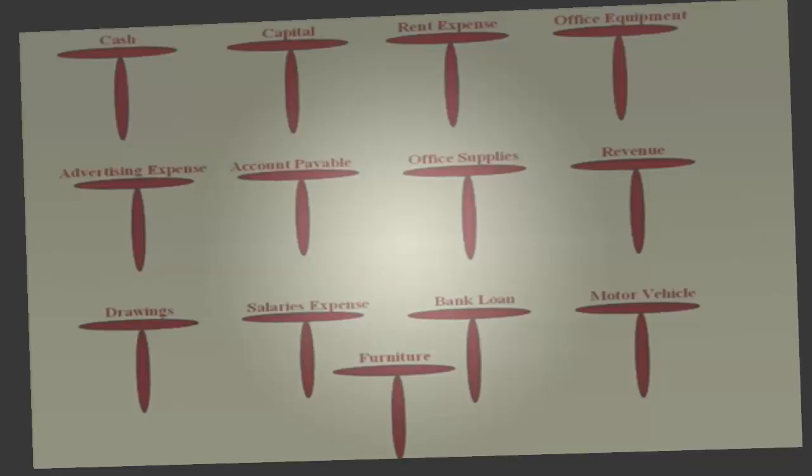Increase on the left, decrease on the right. So on the left you'd have plus, and on the right you'd have minus. Do it for each one of the T accounts you have in front of you. Stop this presentation, do this exercise, and when you're done, we'll restart.